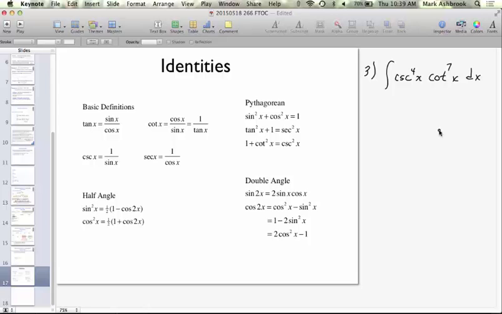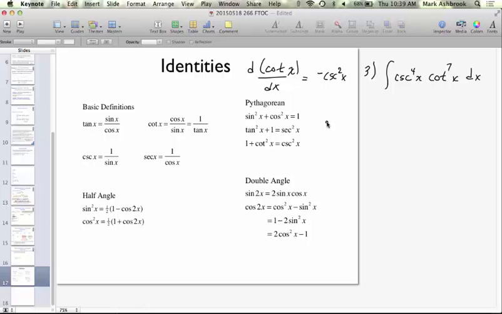The derivative of cotangent is negative cosecant squared. That's the key to this. We saw that in yesterday's example and the ones you had in the homework. So what we would really like is an isolated cosecant squared and then everything else in cotangents, then we can undo the chain rule, right?